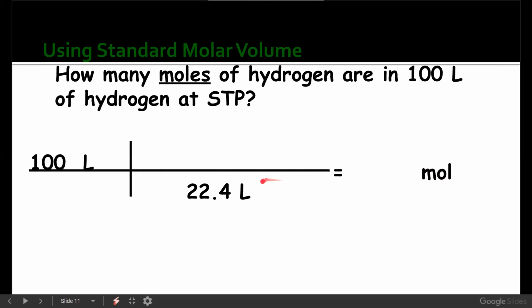And so in this case, we're going to take 22.4 liters, and that's going to equal 1 mole. And we're going to cross out those liters, multiply everything on the top and divide it by the bottom, and we're going to get about 4.46 moles. So there's 4.46 moles of hydrogen gas in that 100-liter container.